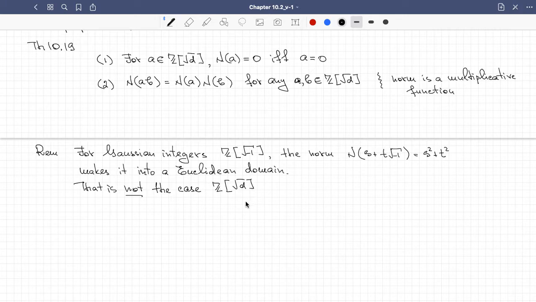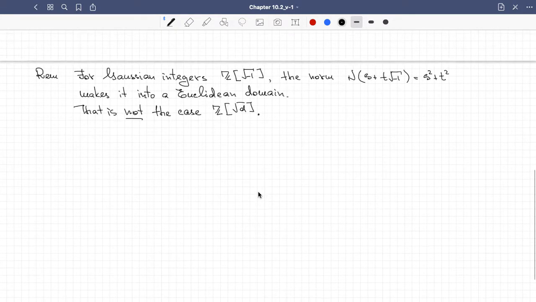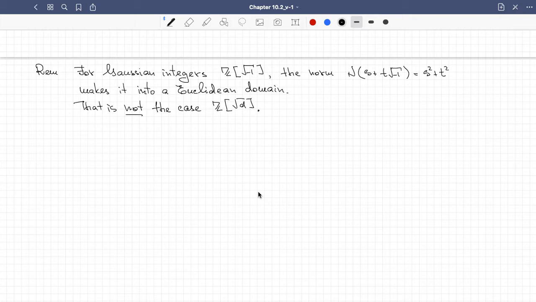However, the norm is still of great help in the investigation of properties of these rings. For example, the presence of this norm function allows a neat characterization of units in a ring of quadratic integers.